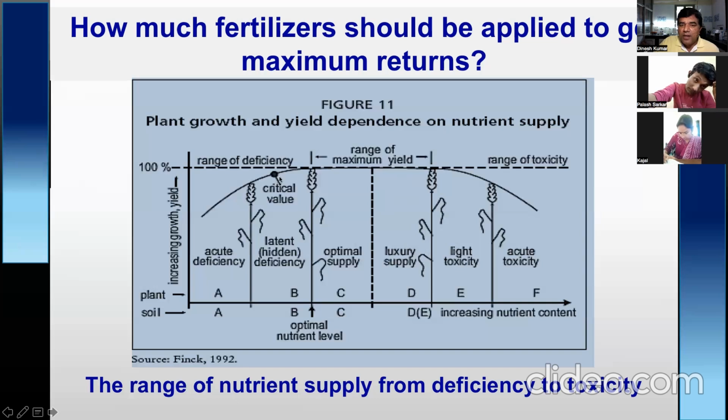So somewhere here at this point, you see the cursor, at this point you will have 90% growth. So this will be critical concentration for toxicity. And concentration is on x-axis, maybe in soil, maybe in plant. So for toxicity, the critical concentration is very high. It may be somewhere here like this.